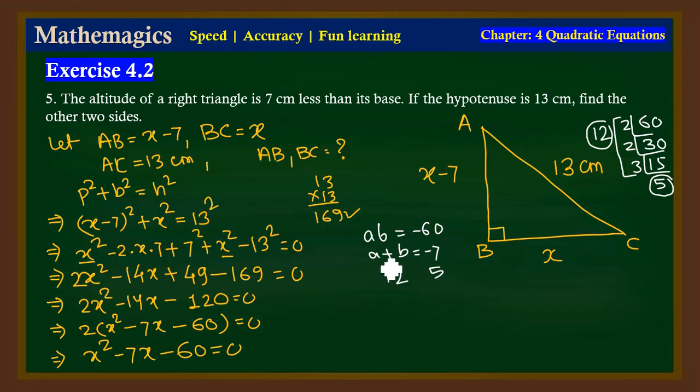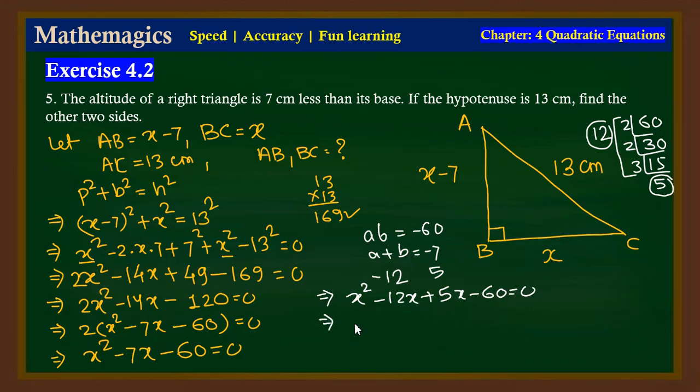But dear friends, the sum is equal to minus. So one of the two must be minus. That a plus b is equal to minus 7. So obviously the bigger one must be negative. That's why minus 12. So it's time to solve it by the middle term breaking. That is x square minus 12x plus 5x minus 60 is equal to 0.